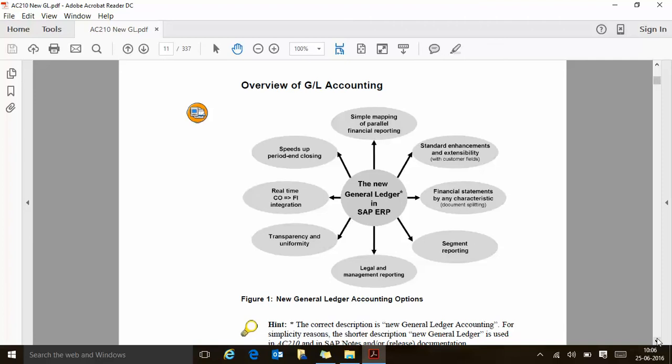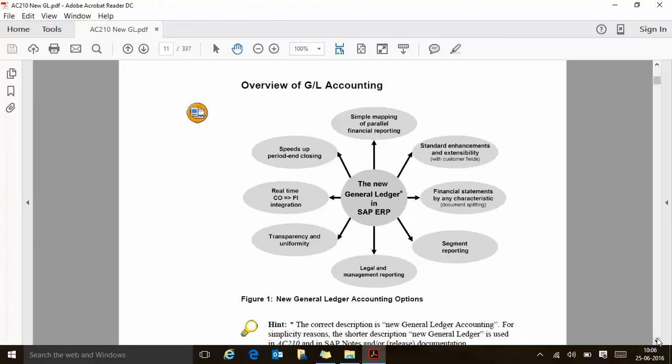Segment reporting. Segment reporting is all about IFRS reporting. So in companies you have, for example, you deal with sales, service and repairs. So you have three segments.